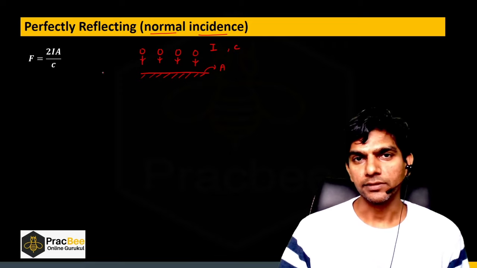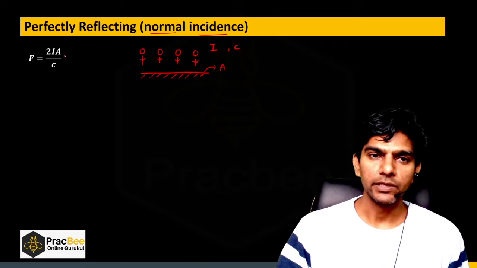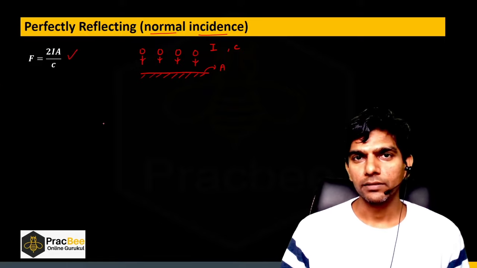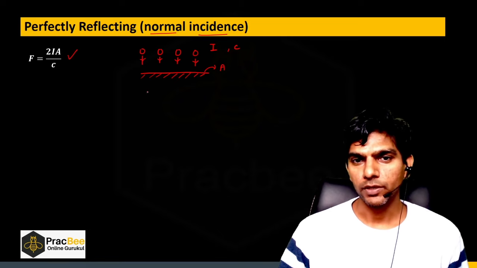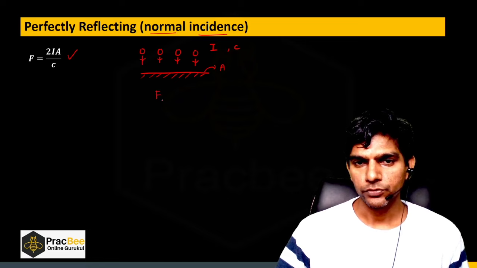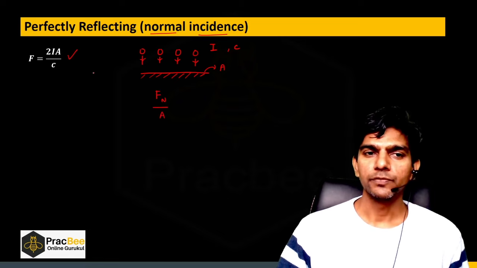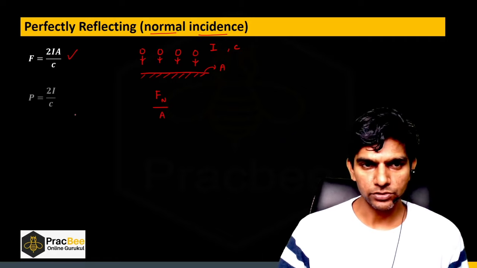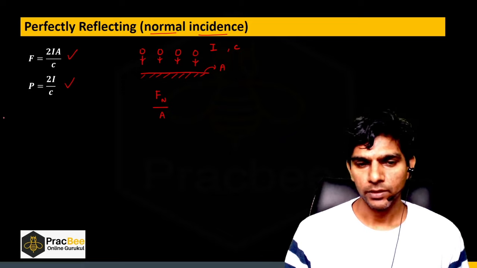Then the force exerted by these photons on this area will be given by 2IA by C. Do remember this formula. The radiation pressure will be given by normal force per unit area, right? So here the normal force is 2IA by C, and if you divide this by the area, we will get the radiation pressure, that is 2I by C.